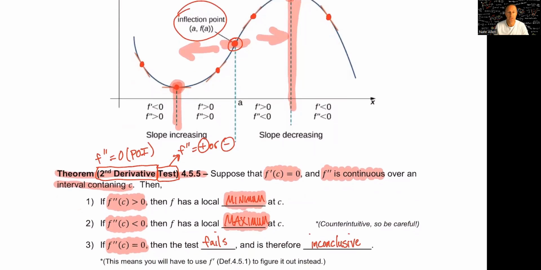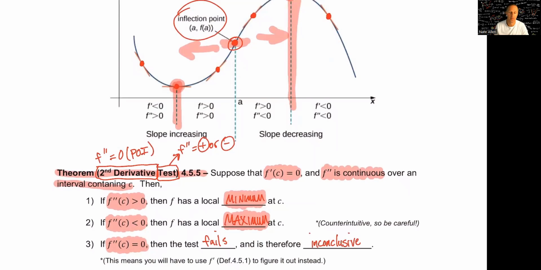So if your function is pretty easy to take this second derivative of, then you can use this second derivative test. If it's not, then you're always able to use that first derivative test without fail.